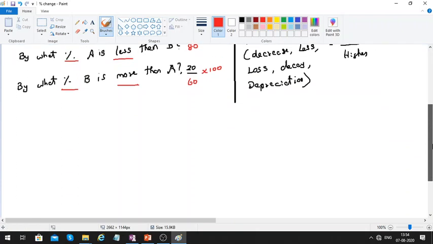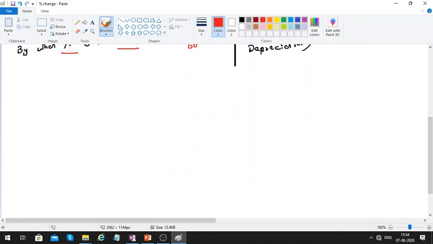For example, try applying the percentage change in this following example. Like Raju's salary in the year 2019 was 40,000.